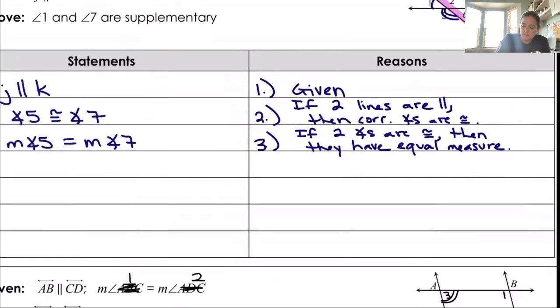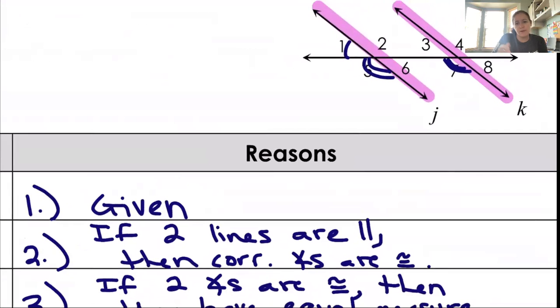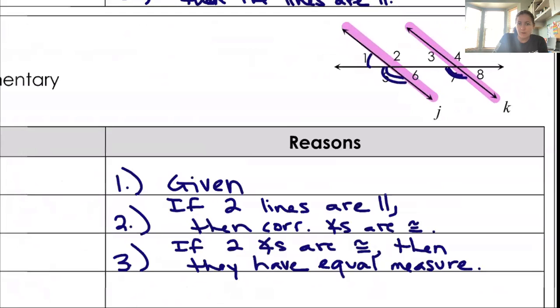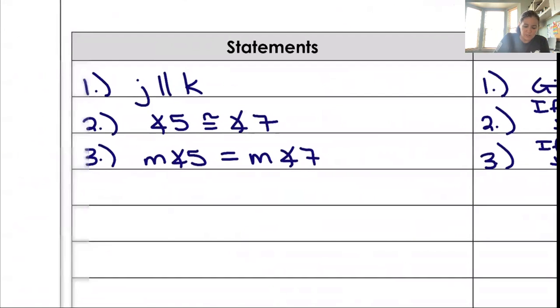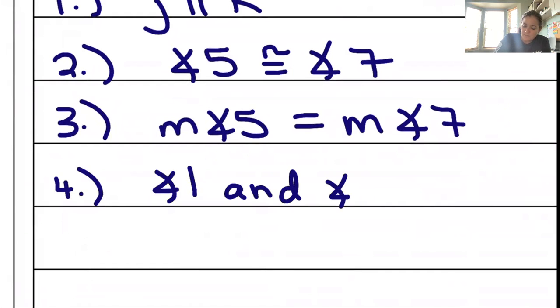All right, so let's see here. We can see here that 1 and 5 are a linear pair because remember you can assume a straight angle, so you can assume a line. So those are a pair and they form a straight angle, so they're a linear pair. So angle 1 and angle 5 are supplementary.